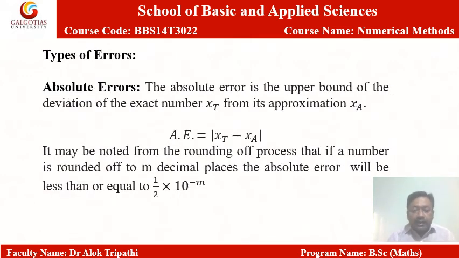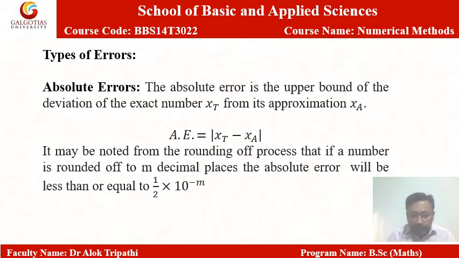Now, the next type of error is absolute error. What is this absolute error? It is the upper bound of the deviation of the exact number xt from its approximation xa. That is, we have some exact number and we have its approximation. The absolute value of this difference, mod of xt minus xa, is called absolute error.